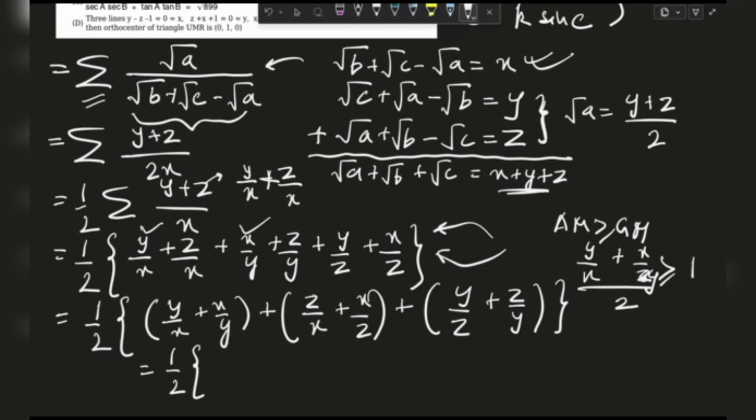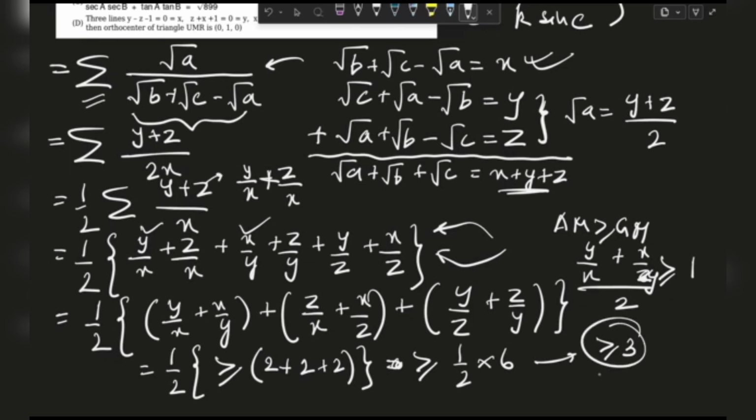So basically each of these pairs will be greater than or equal to 2. I'm skipping the steps, this is a pretty obvious thing. So this will be greater than or equal to half into 6, that is, greater than or equal to 3, which was our option A. So option A is basically correct.